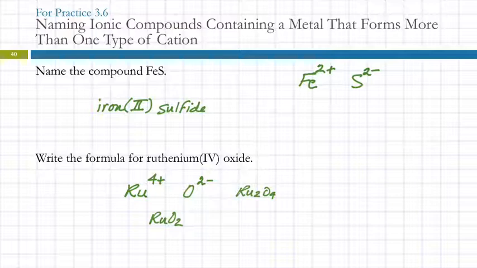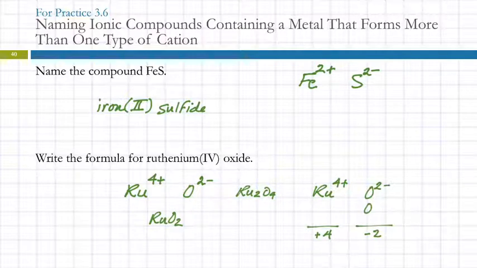The other way to do it is to just think about, okay, what's going on here? I've got ruthenium 4+, I've got oxide, and I need to figure out how I can get the totals to be the same. Because right now I've got +4 and I've got -2. You can't change the charges. All you can do is add ions. So I need more negatives.